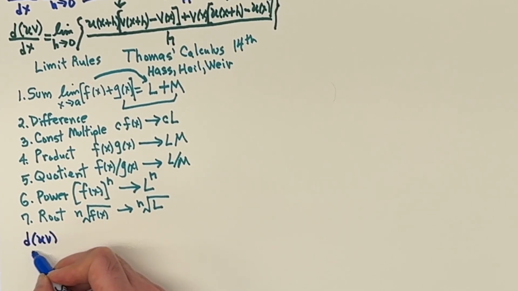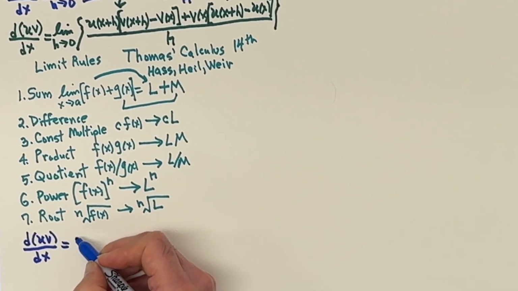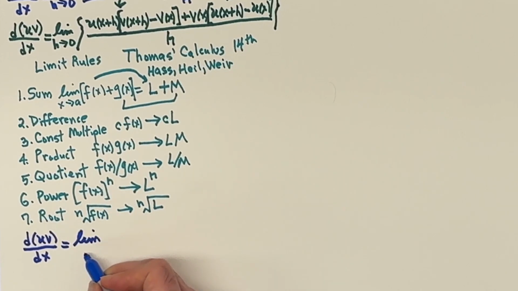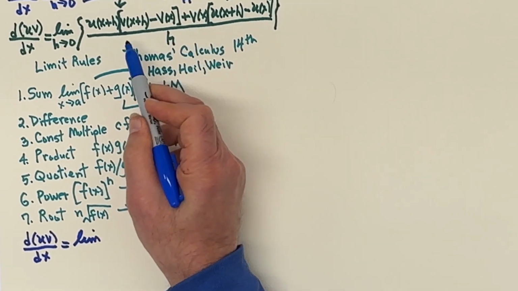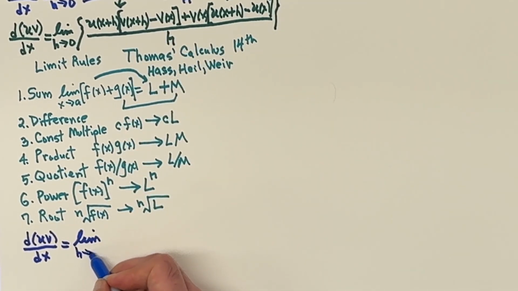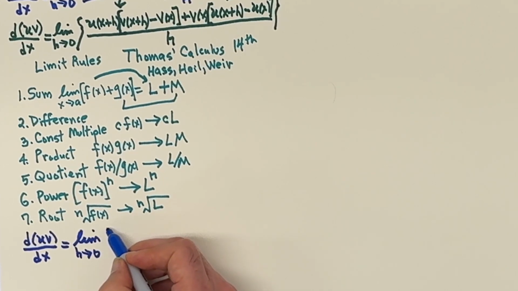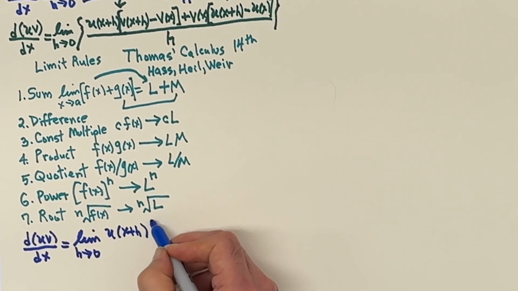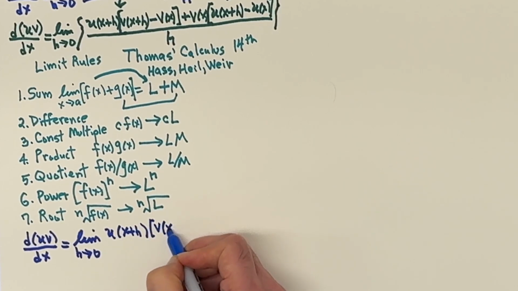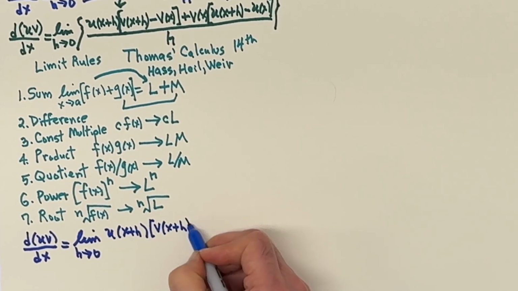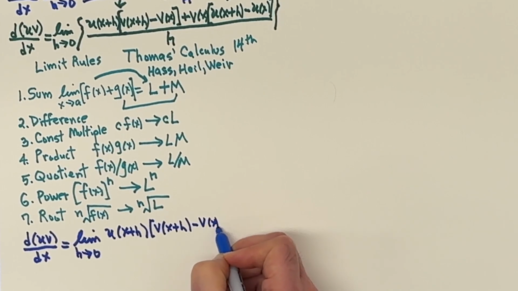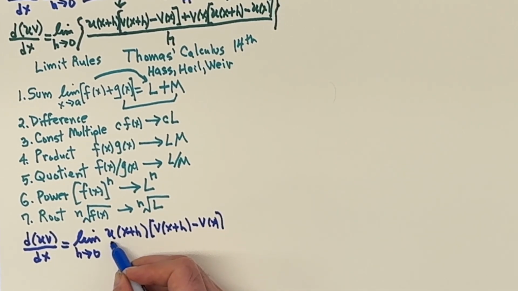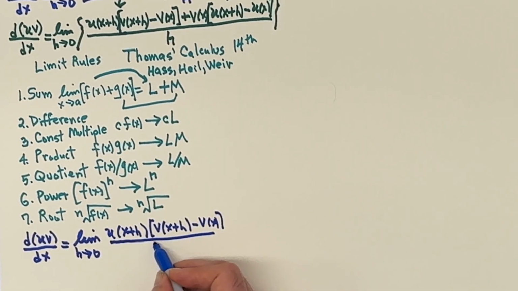So here we have the derivative of the product, and that's going to equal here the limit. I'm going to write each of these pieces separately. So as h goes to 0, I'm going to have u of x plus h times v of x plus h minus v of x over h.